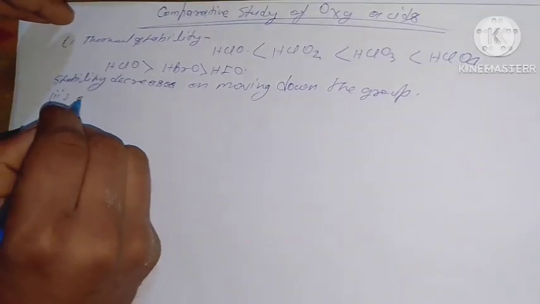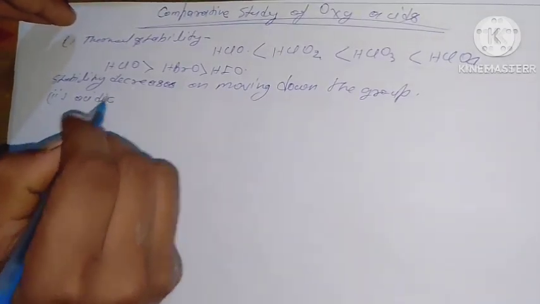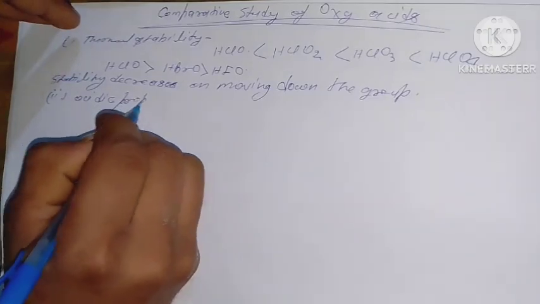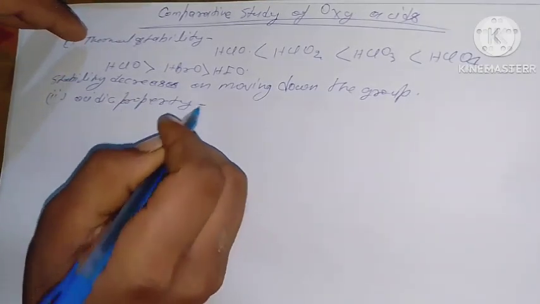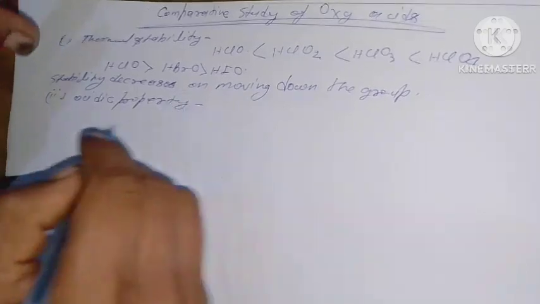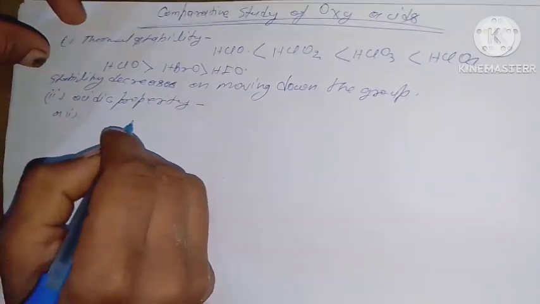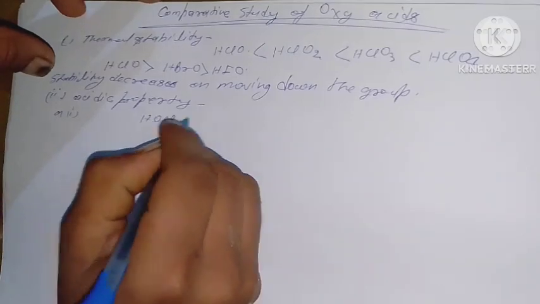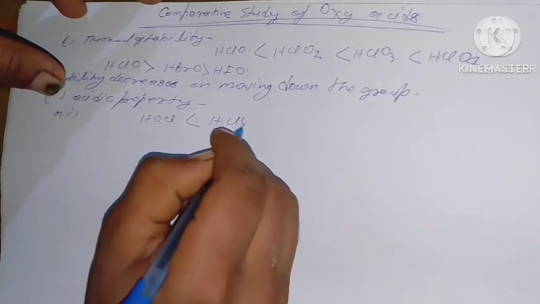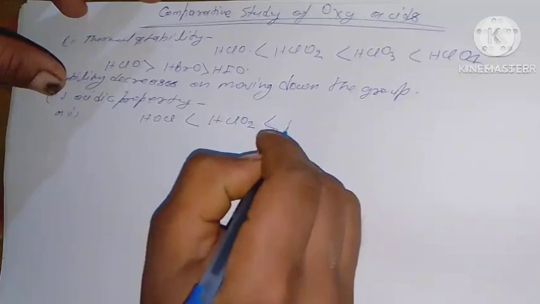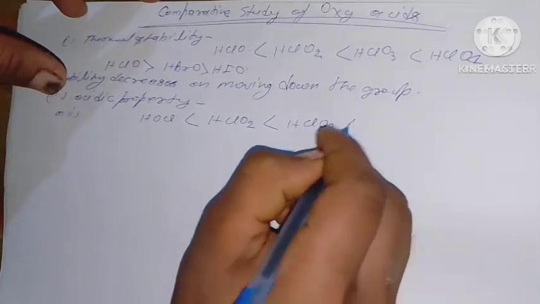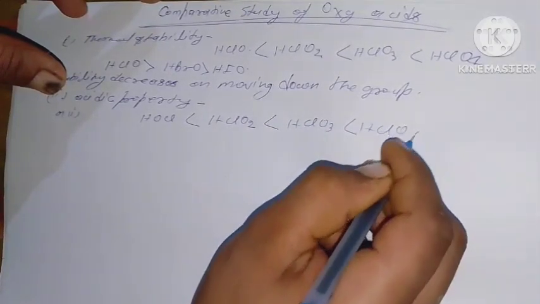Second point, acidic property. Okay. First point, HOCl is less than HClO2 is less than HClO3 is less than HClO4.